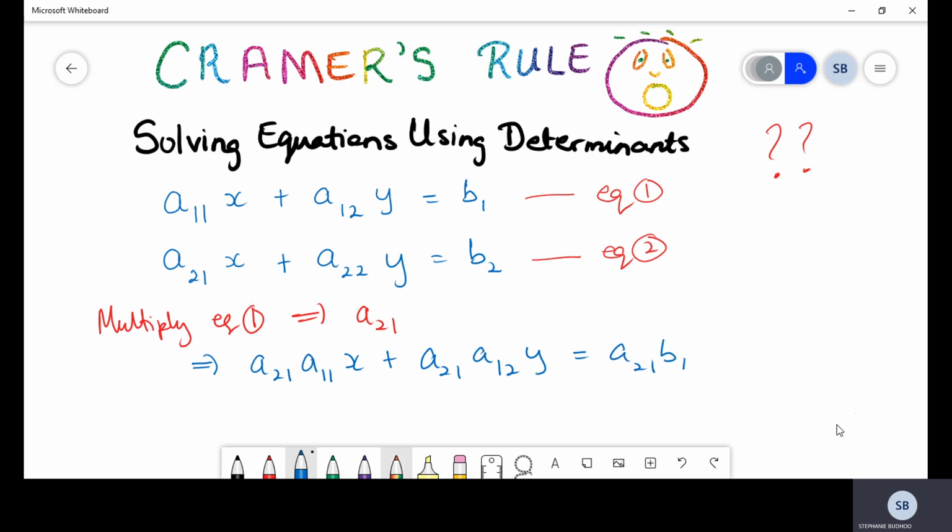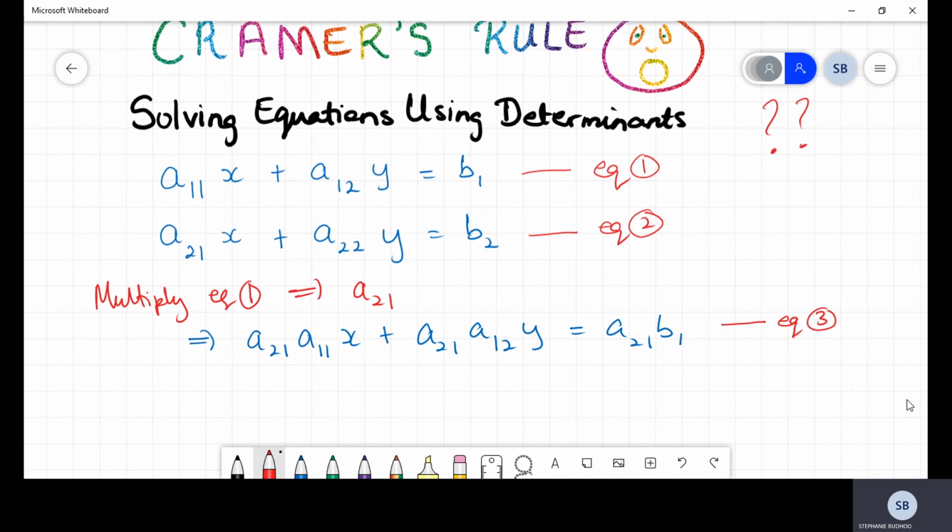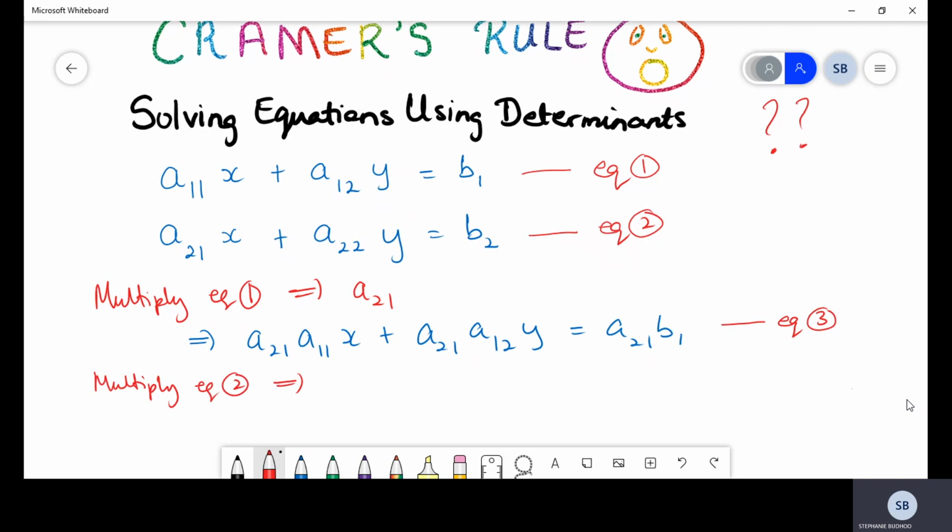Be very careful when you are doing this multiplication. It's so easy to write a number wrong or a letter wrong, just take your time. All right, and next we would like to create our fourth equation, and we're going to do that by multiplying our second equation now by the coefficient of the x variable, which is A11.